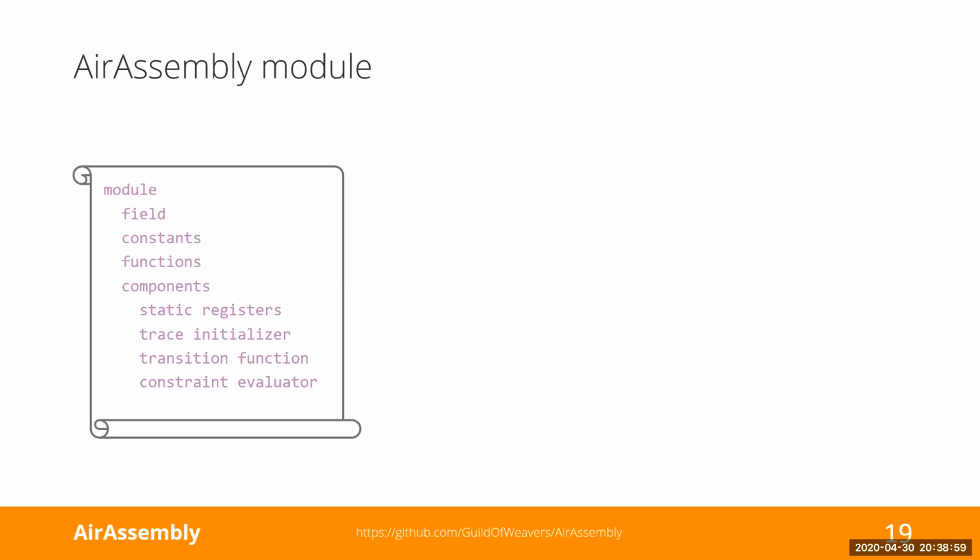So what I decided to do is go to the minimal amount of constructs that you need to be able to express AIR, and that was the AirAssembly. This is almost the minimum you need to express the computation. While AirScript, as an example, has much more that you can do, like you can define different loops and if statements and all of that stuff, which make programming easier.